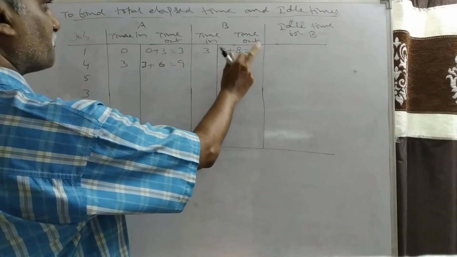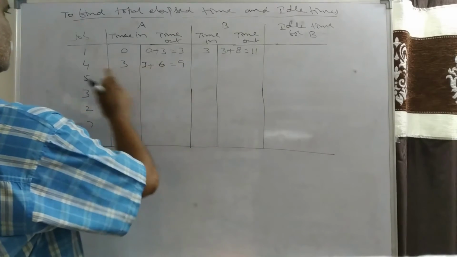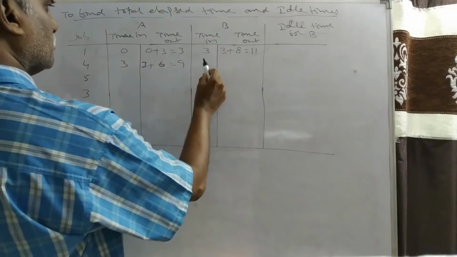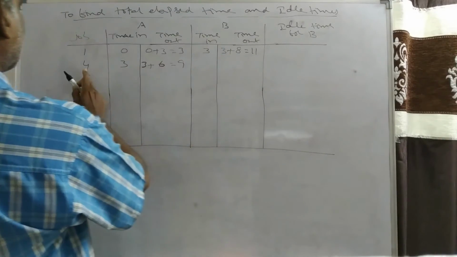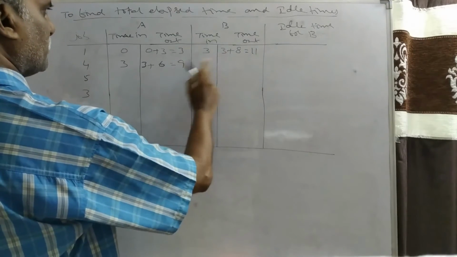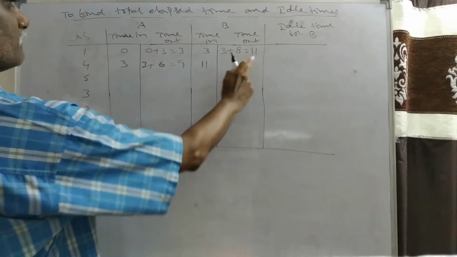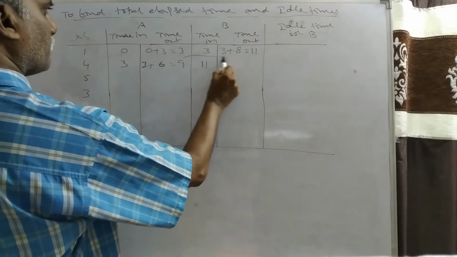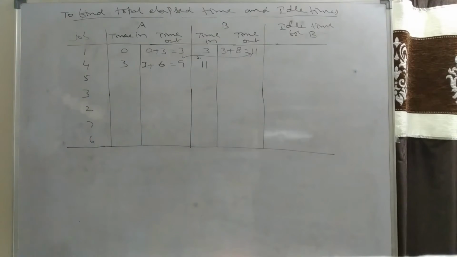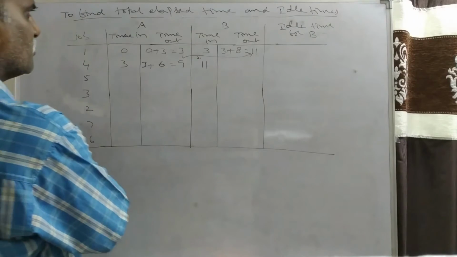Since the completion of the previous job on machine B is 11 hours, this job 4 should wait up to 11 hours. So timing for job 4 on machine B is the maximum of these two values, that is 11. Okay, so 11 is the starting time for job 4 on machine B.